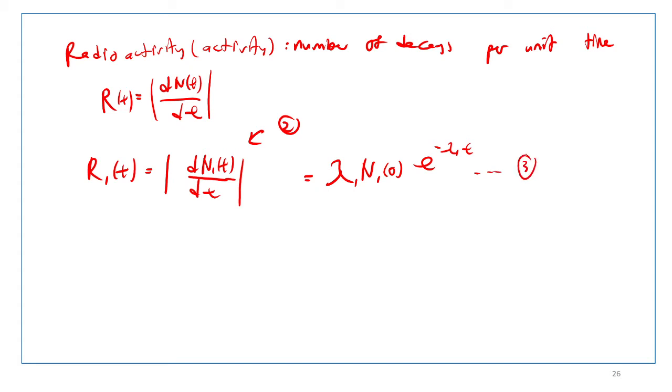If you take a look at this part, this part is actually equation number 2. So radioactivity of the parent nuclides is equal to lambda 1 N1(t).